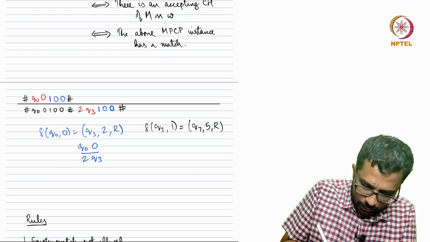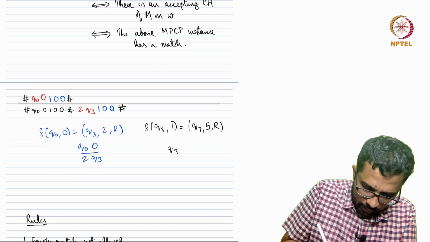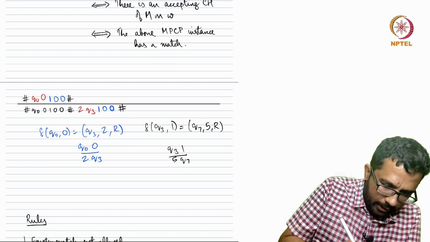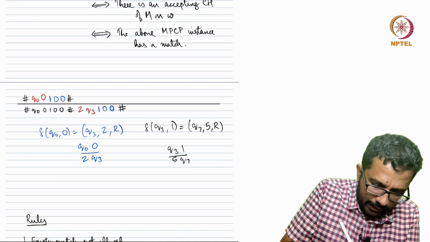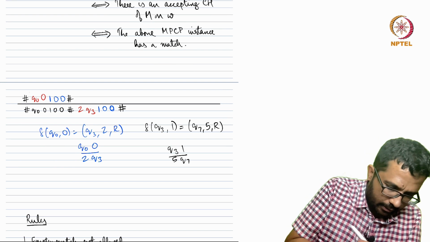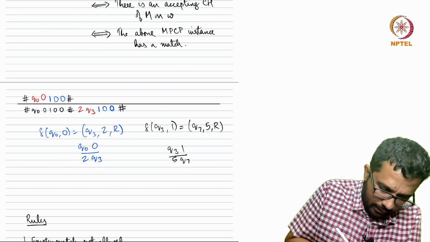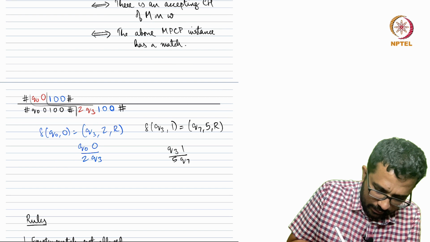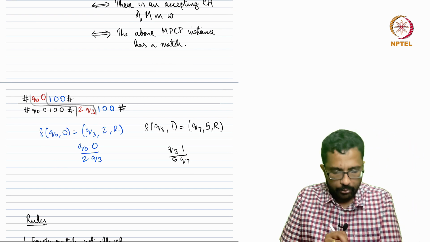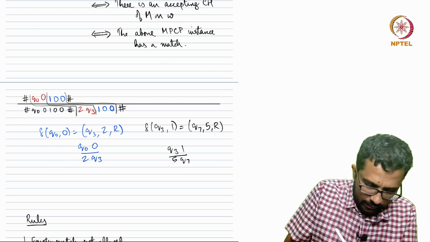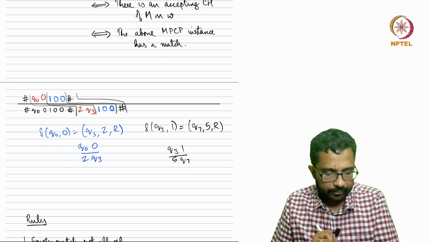So this corresponds to a domino q3 1 on the top and 5 q7 on the bottom. So maybe I'll do one small thing, I'll try to delineate these things. So the first one was this, the first domino. It's too narrow to delineate, so that's why I have the color coding here. This is how it is.